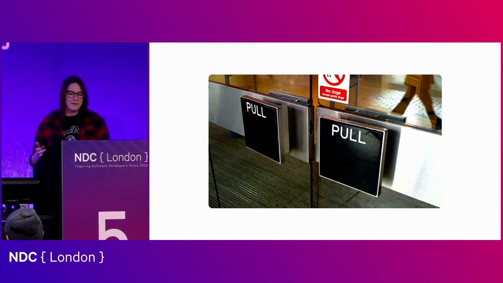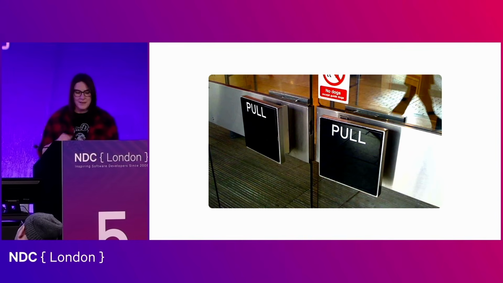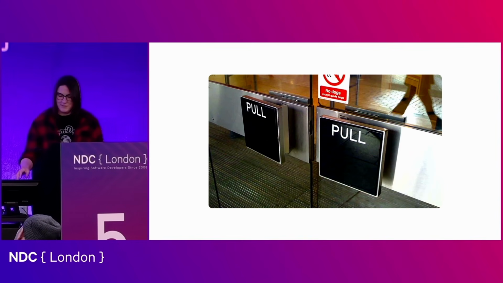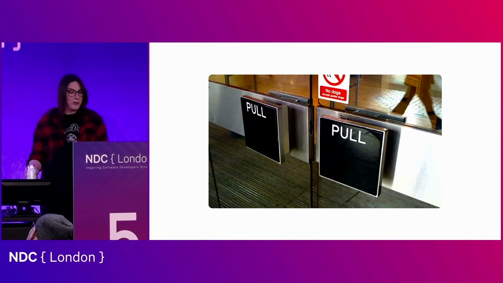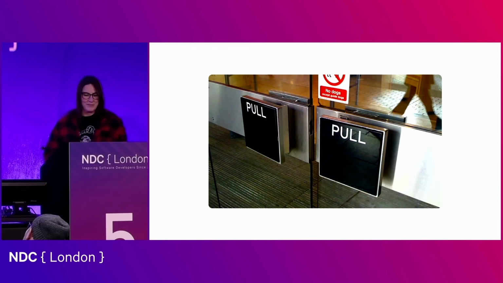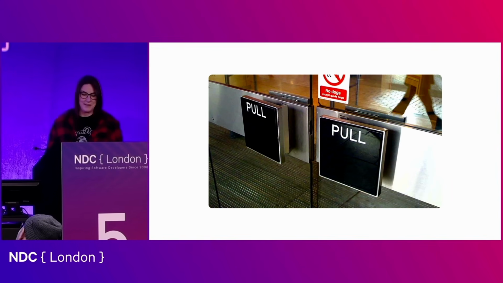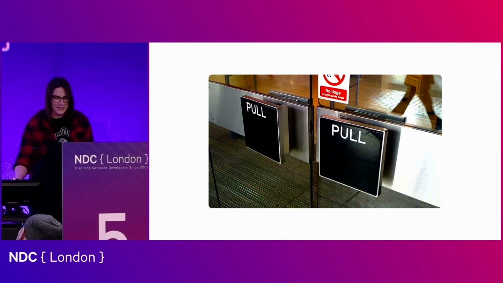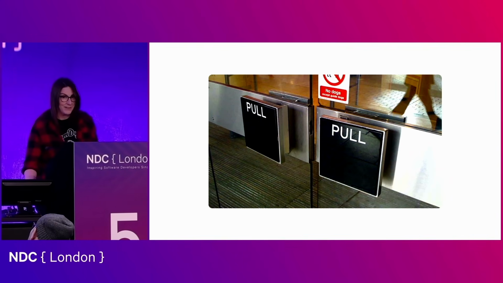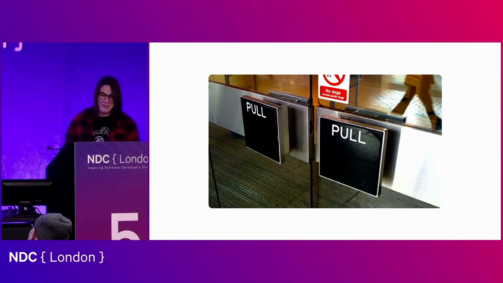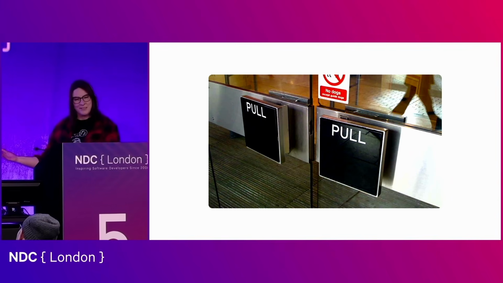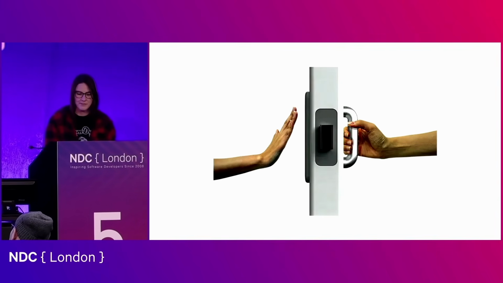There is no immediate visual cue to indicate that difference. I might be talking a bit of shit for a minute because it does say pull on it in words, which is fantastic, but not if I'm not an English speaker. And to let you in on a little secret, actually, more often than not, people don't read. They just don't. They'll miss it entirely. So this is, unfortunately, another Norman door.